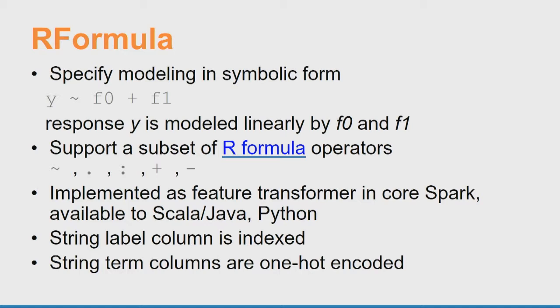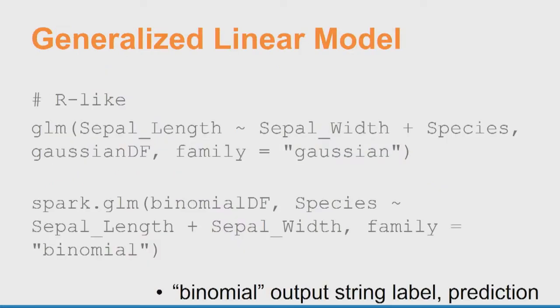There's also a number of syntactic sugar that you get automatically for free by using this R formula symbolic form. For example, the label column is automatically indexed for you, similar to what you get in native R. The term column is also one-hot encoded if it's a string.